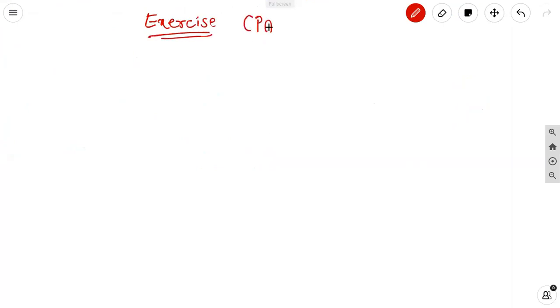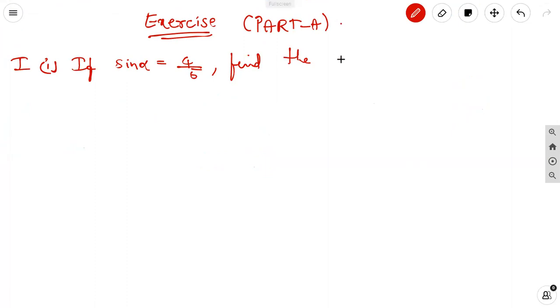In this part A, the first problem is: if sine alpha equal to 4 by 5, find the value of sine 2 alpha and cos 2 alpha.